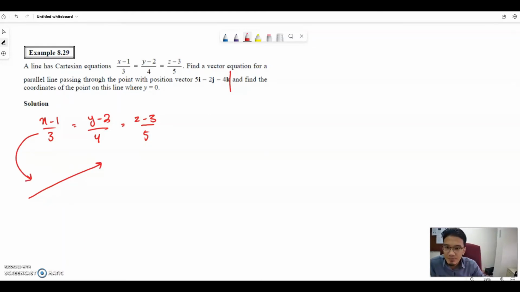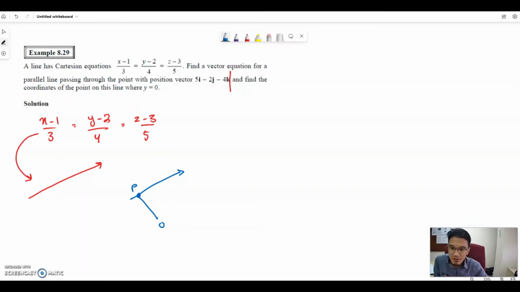So we have to find a vector equation for another line that is parallel to our Cartesian equation, means it must be parallel, and this new line is passing through the point with position vector of 5i minus 2j minus 4k. A point with a position vector means the point coming from the origin.